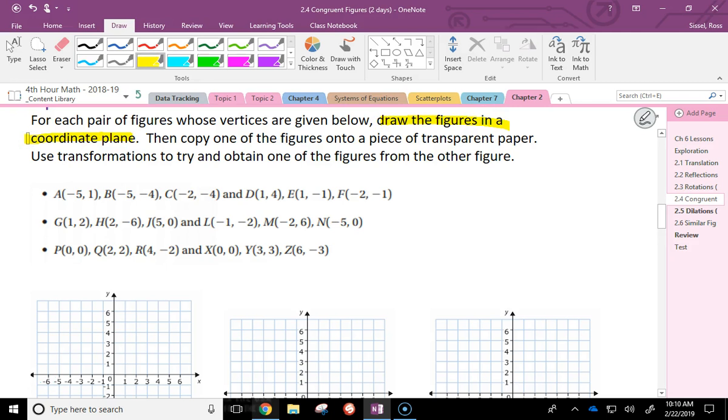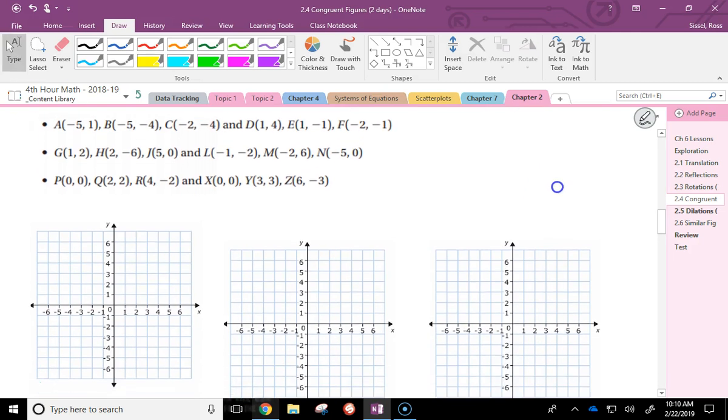And then we're going to copy one of the pieces. We're going to get to that part later. Here's what I want you to do first. The very first one, it should say 2.4 congruent figures exploration. They're giving you two shapes.